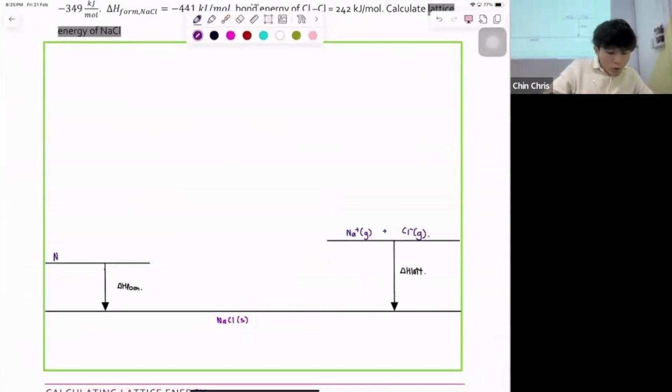Definitely, I need 1 mole of sodium, and sodium under standard conditions is solid state. And guys, where do we get Cl from? We get Cl from chlorine gas, and under standard conditions it is a gas. Okay, and I can put a half here.